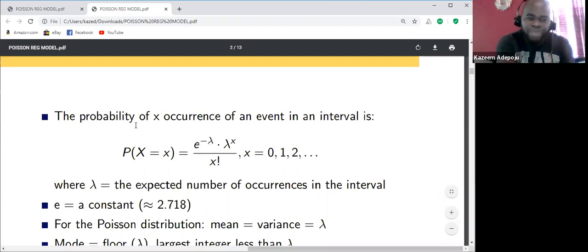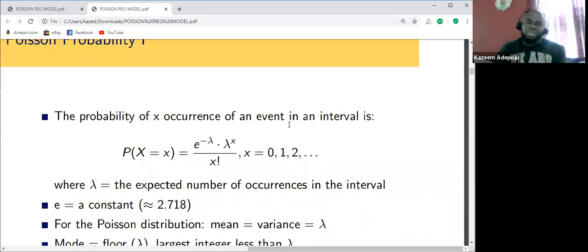So this is the probability of X occurrences of an event in an interval, the probability distribution of that. Where X is the number of occurrences.